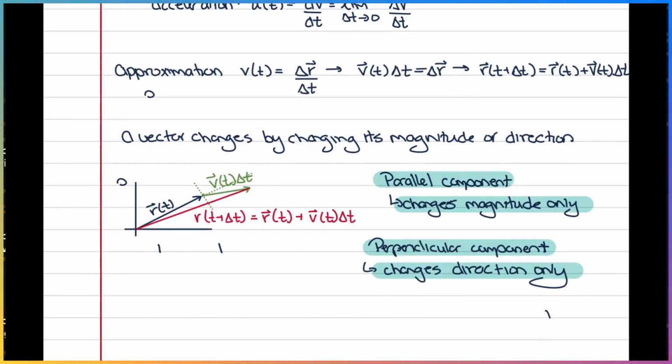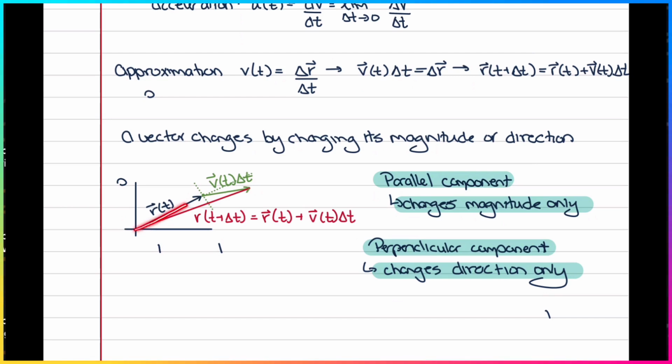Here I've drawn it. So I have r, and then I have v times delta t. Again, why is it that versus just v? Well, think units. r plus v does not make sense. r plus v delta t has the right units. And that gives me my final position here.